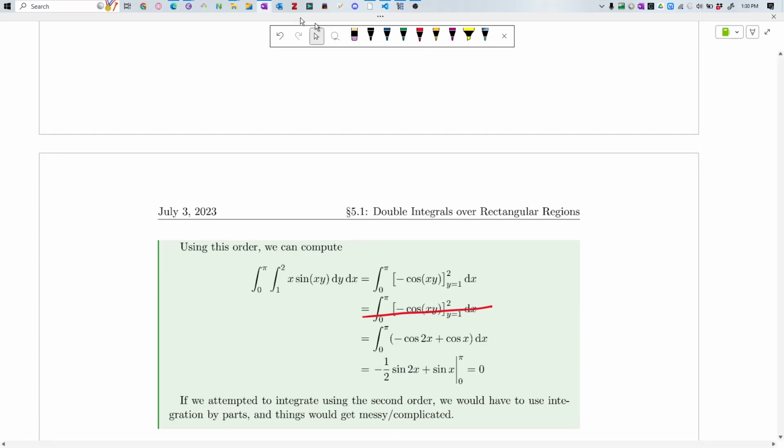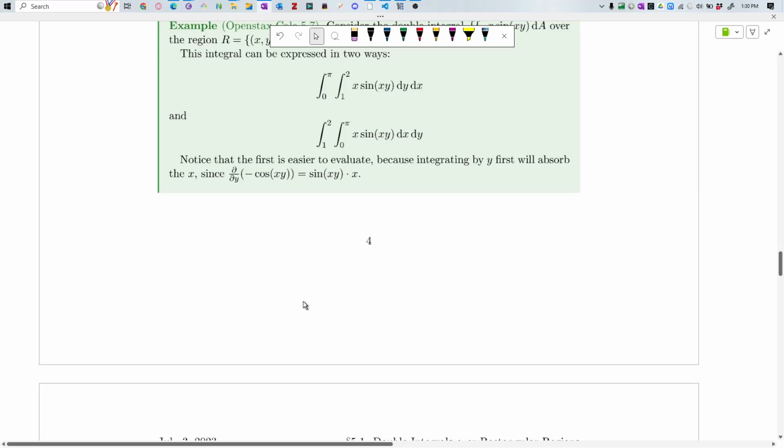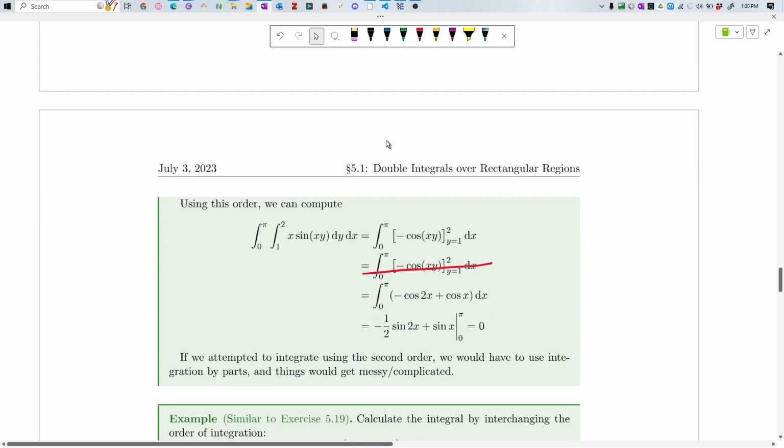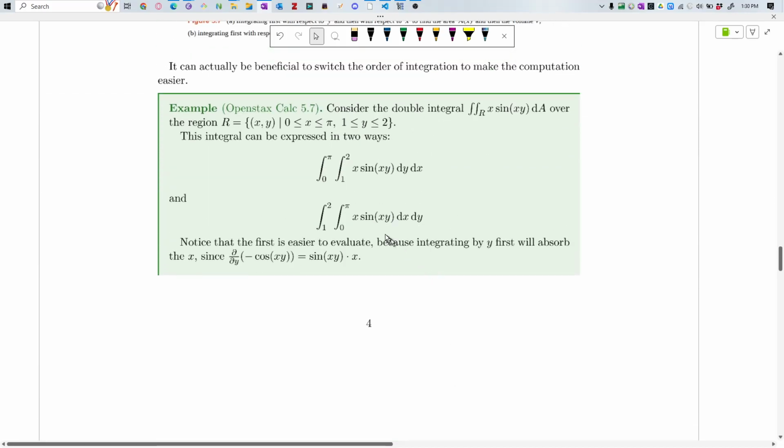The important thing is that this integration order was easy to work with. If we tried to do the other order, which I don't go into detail on, you would have to start with integration by parts, and things would be rather complicated. Notice that this has two things that involve x, right?